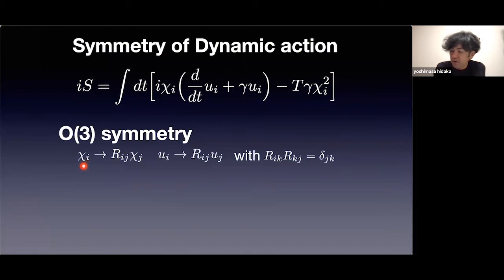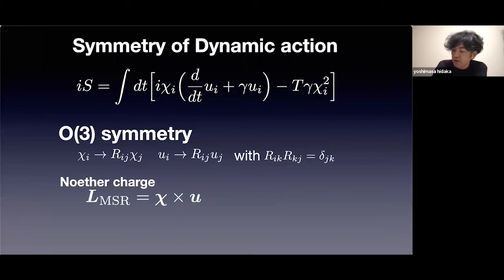If you transform chi to R chi and u to R times u, under this transformation the action is invariant. Then you can define some net charge given by chi cross u. This operator is conserved, but it is different from the ordinary angular momentum.